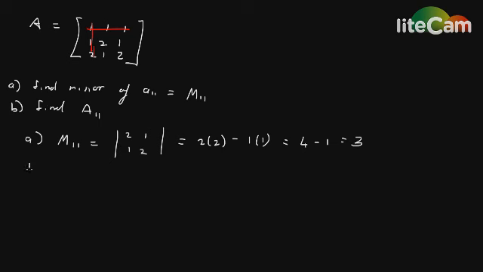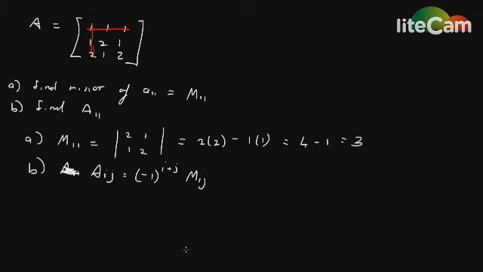Then question B says find A11, or find the cofactor of element small a11. Okay, so remember that, let me write the notation out for you. Aij is equal to negative 1 to the i plus j times Mij.